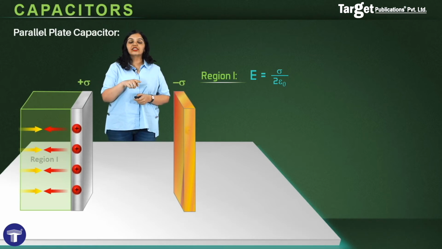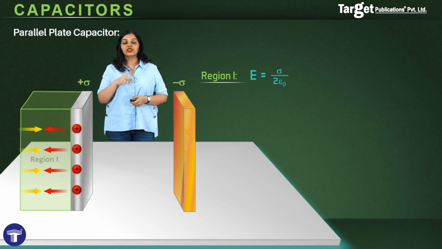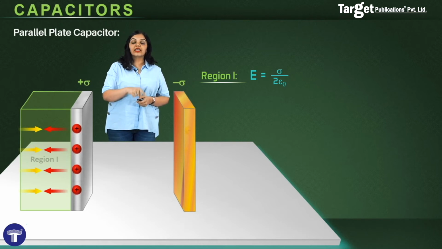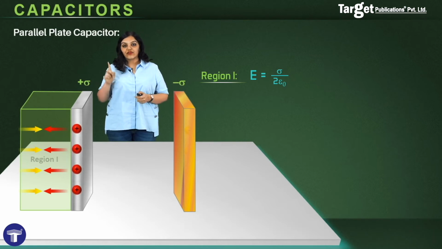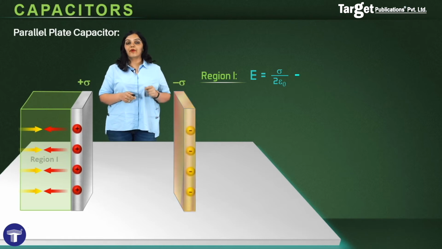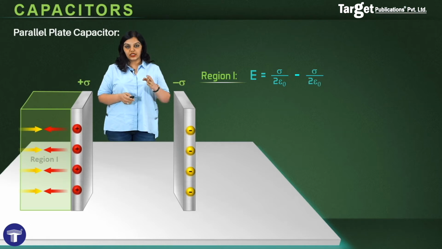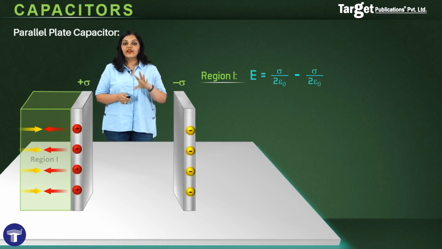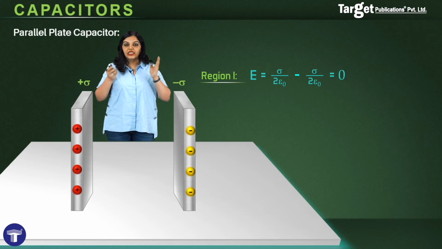And therefore, as you can see, the yellow arrows indicate the direction of the electric field in region 1 created by the negative plate. However, again, I will use the formula for the infinite plane taken from electrostatics, and I will write this time minus sigma upon 2 epsilon naught, where minus comes from the fact that they are in opposite directions, and therefore I get that the total field in region 1 is actually 0.